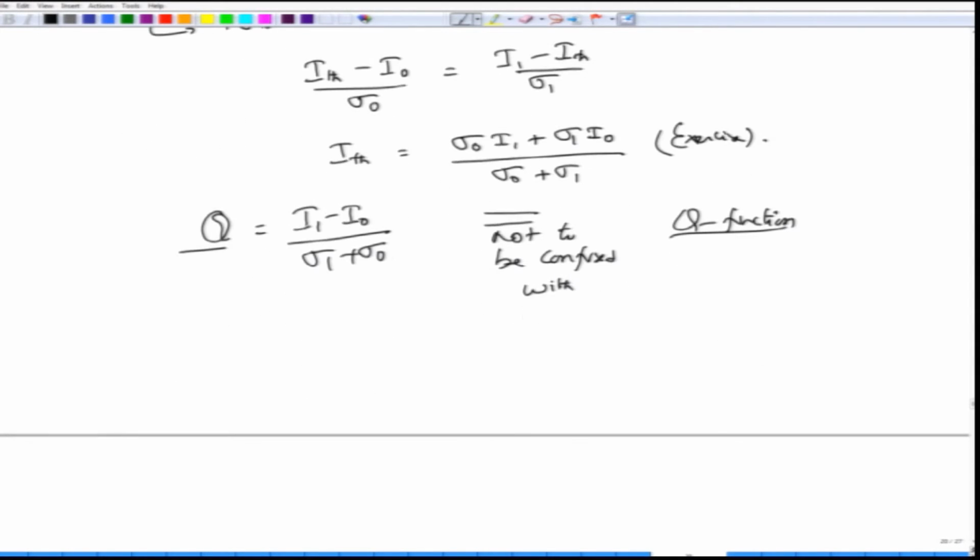Okay. So, you have the same notation, but the context should actually tell you the difference. So, if you look at this Q value, or if you want you can call this some gamma value, does not really matter. This value is the one that determines what would go into the probability of error, correct.